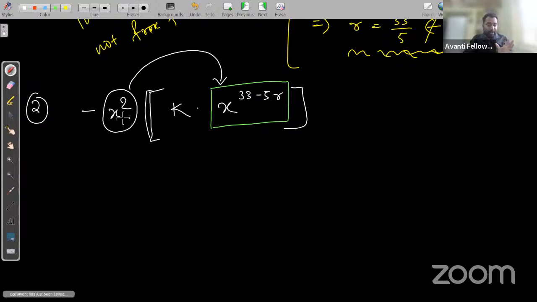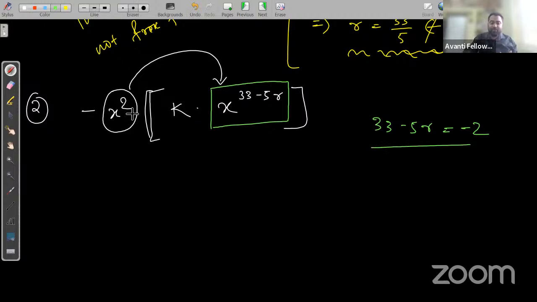For what value of 33 minus 5r, when we multiply x square with x to the power 33 minus 5r, will it give the constant? When 33 minus 5r becomes minus 2. Yes or no? When 33 minus 5r becomes minus 2, then if you multiply x square with x to the power minus 2, it will be a constant.